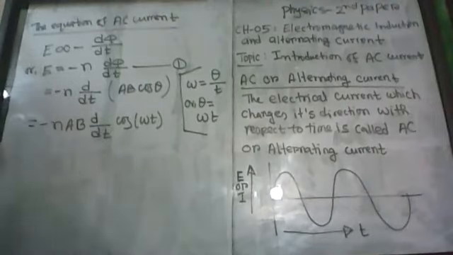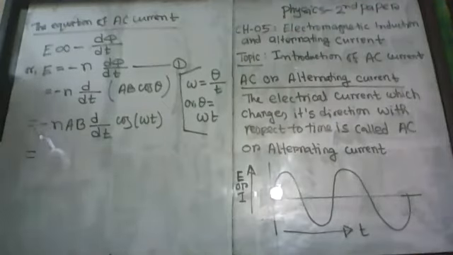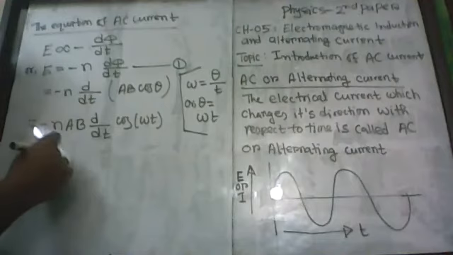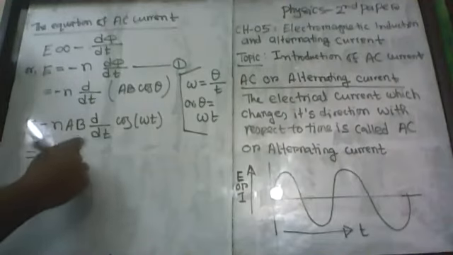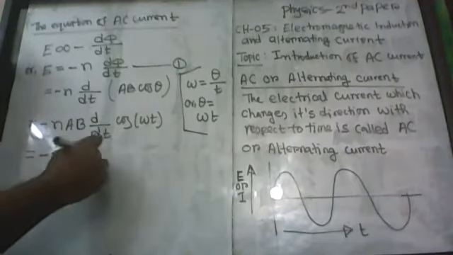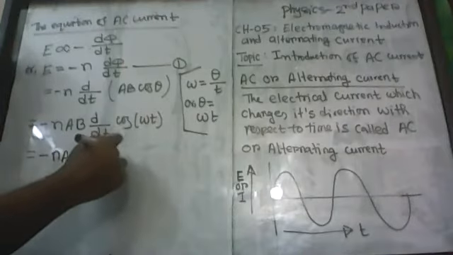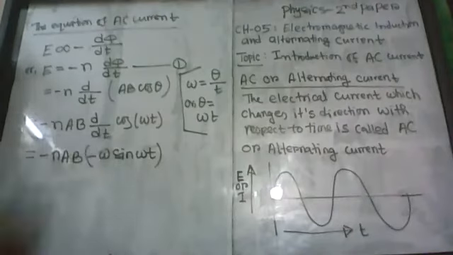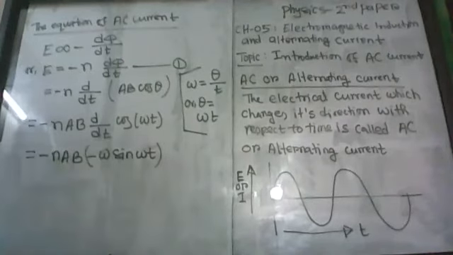So if I apply the formula of differentiation here, it is minus n a b and then minus omega sine omega into t is the outcome of this differentiation.